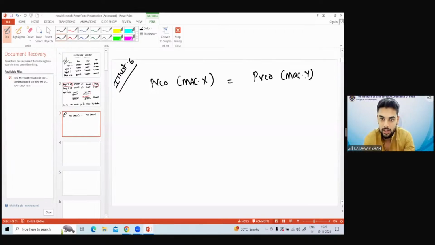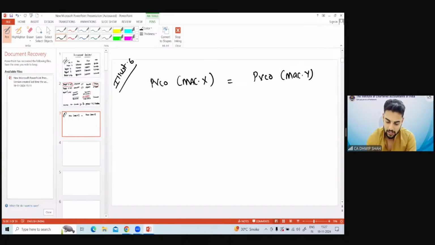So actually, as far as NPV comparison is concerned, we used to select that project which generates the highest NPV. But in this question, we would select that machine which generates the lower PVCO. Why? Because we are comparing the cost and not the net present value. So we will select that machine which generates the lowest PVCO.